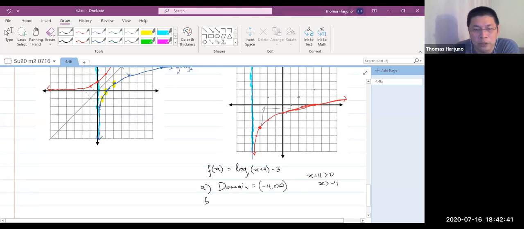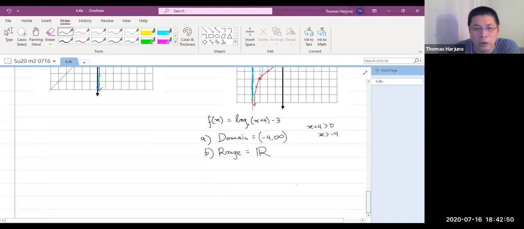Okay, how about the range? The range of a log function is the domain of the exponential function. It's all real numbers. Now how about the y-intercept? Plug in x equals 0. So we get log base 2 of 4 minus 3.